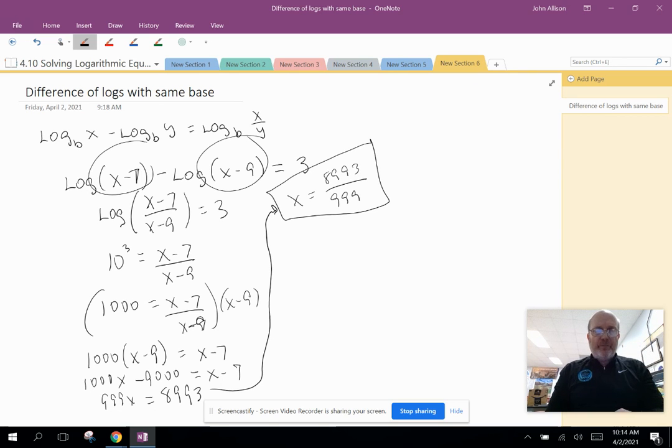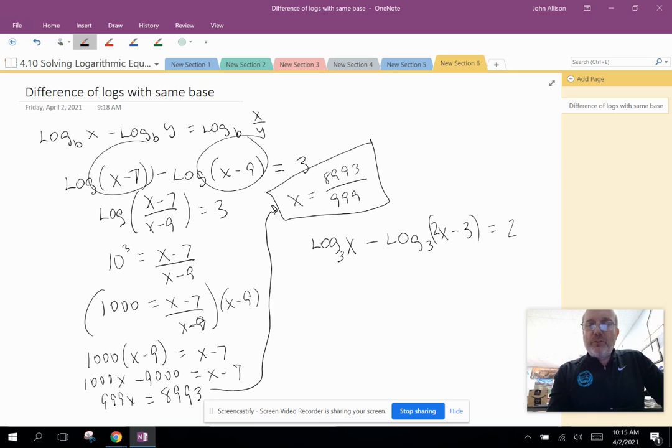Let's do another one here. Let's say this is going to be log base 3 of x minus log base 3 of 2x minus 3 equals 2.